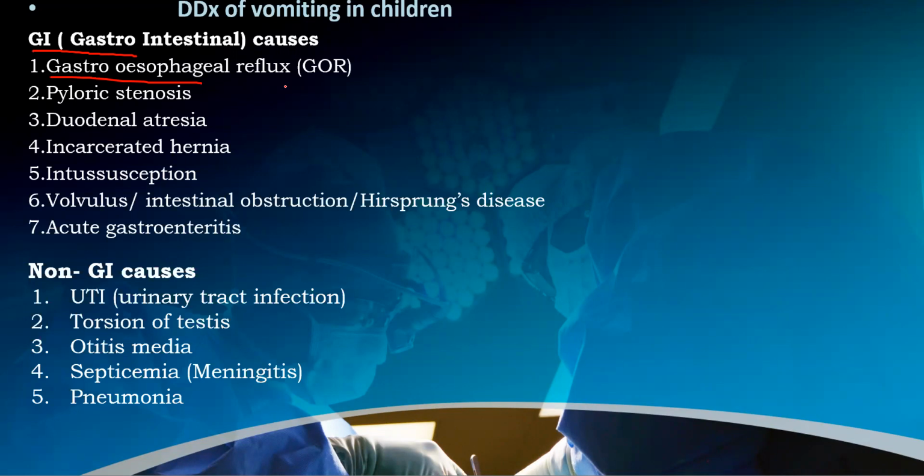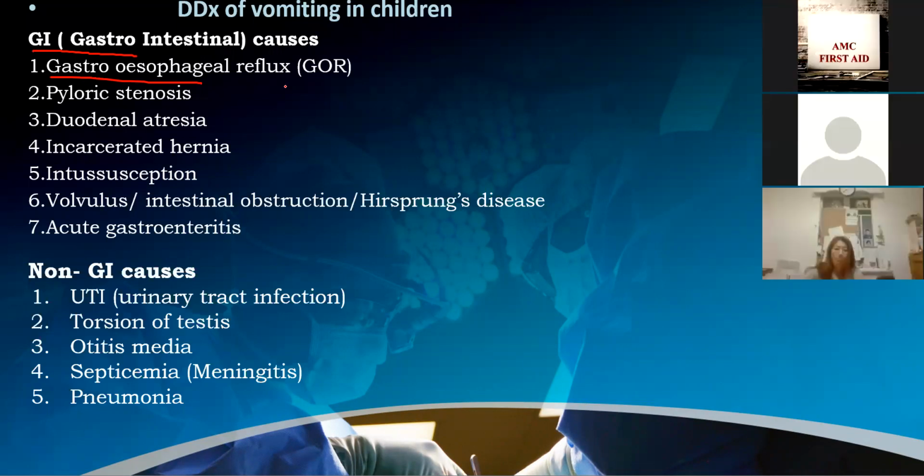Pyloric stenosis, on the other hand, also comes with vomiting, and it's very common in the initial 3 months, mainly the 2 to 8 weeks group, or up to 12 weeks. Now, the difference between gastroesophageal reflux and pyloric stenosis is that a pyloric stenosis child will have projectile vomiting, and most importantly, they will also lose body weight.